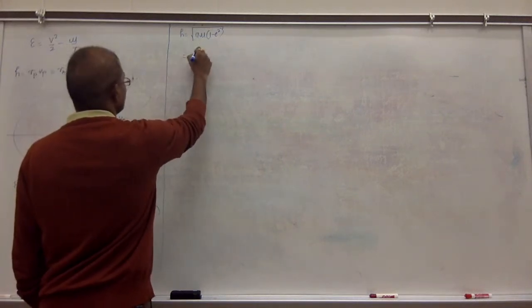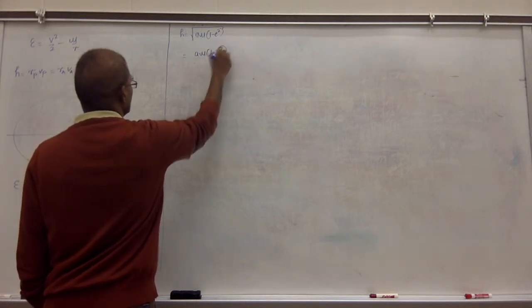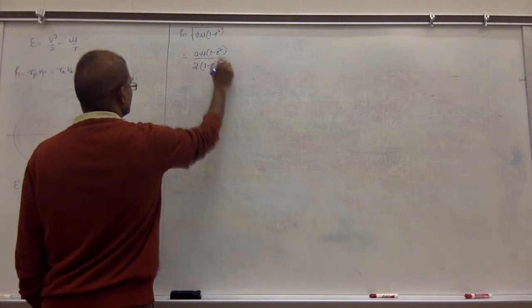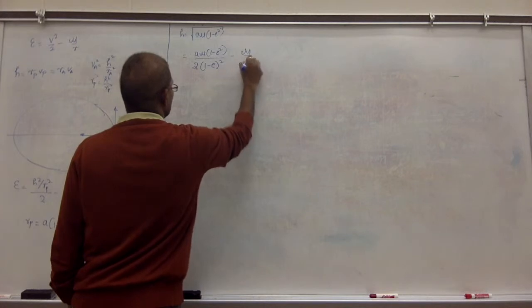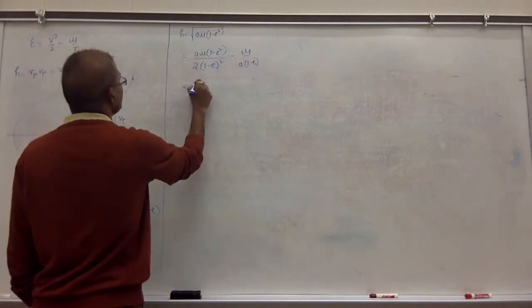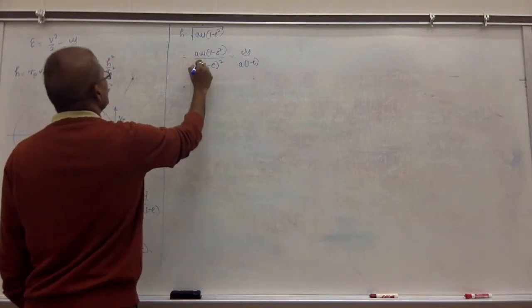h square is a mu 1 minus e square divided by 2 1 minus e whole square minus mu over a into 1 minus. Okay, so this can be written as, we have a here, right?